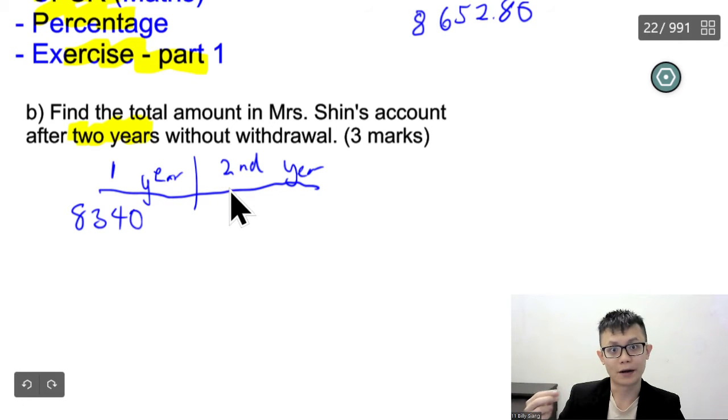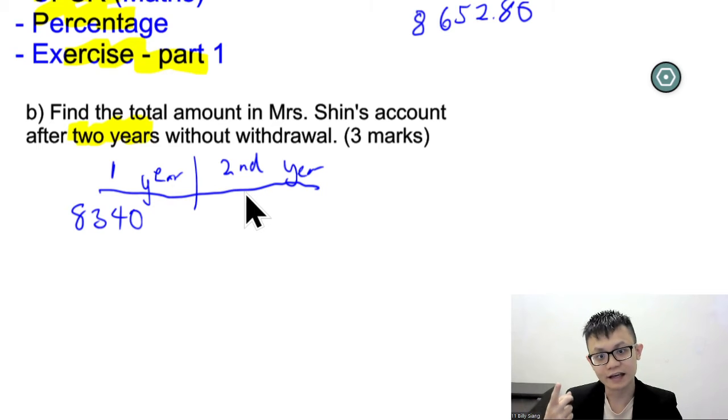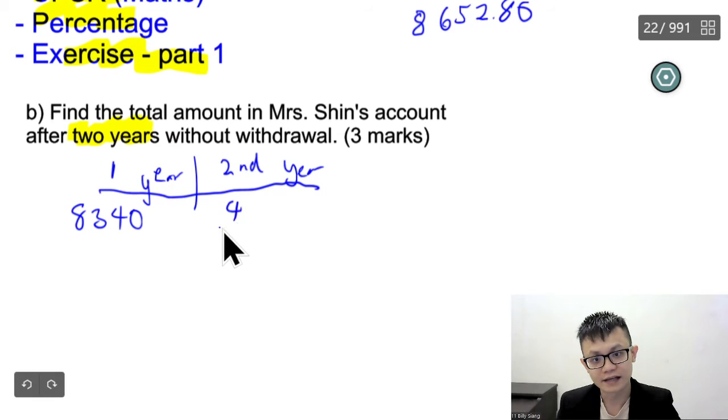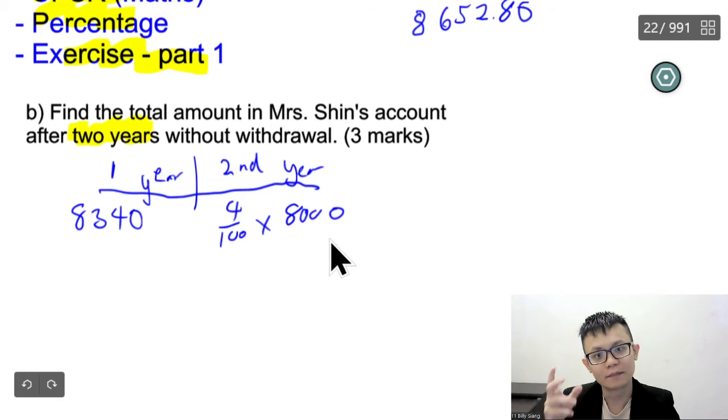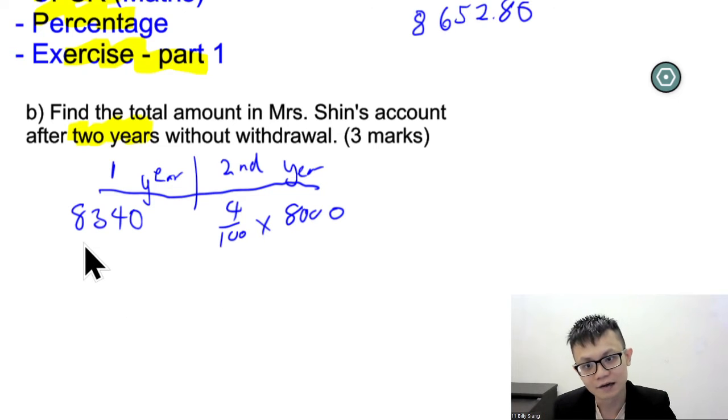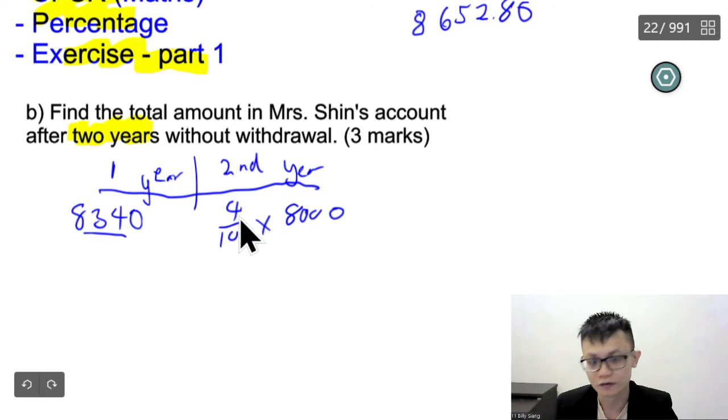For the second year, when you put money in the bank, we don't call it simple interest, we call it compound interest. It means for the second year, we cannot use 4 over 100 times 8,000, because the money in the bank is already not 8,000. The money in the bank is already 8320.